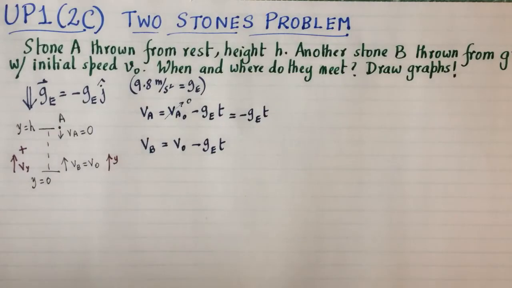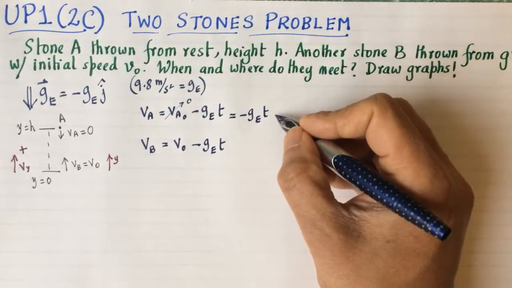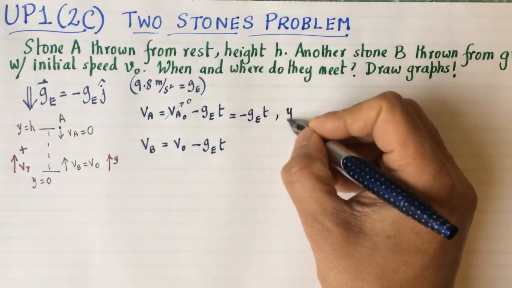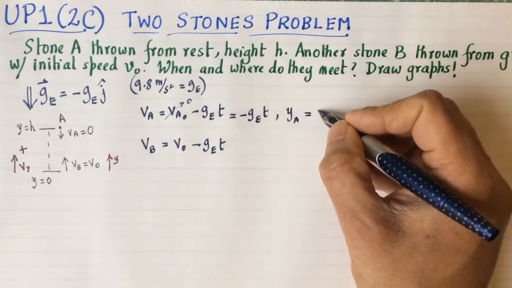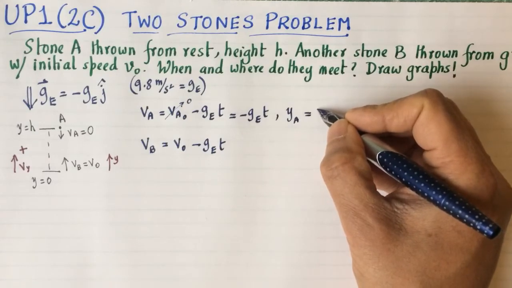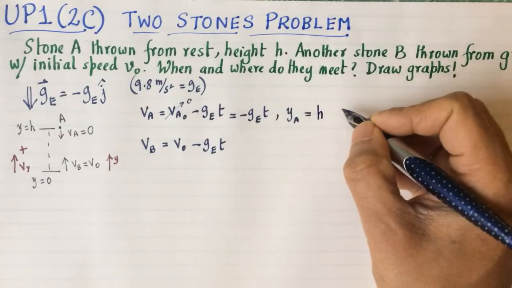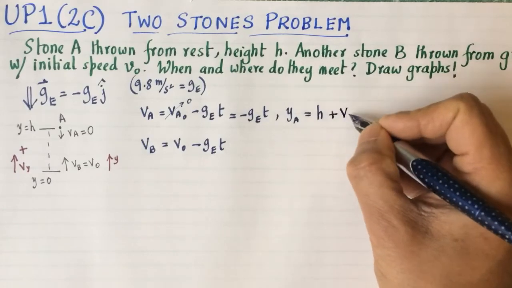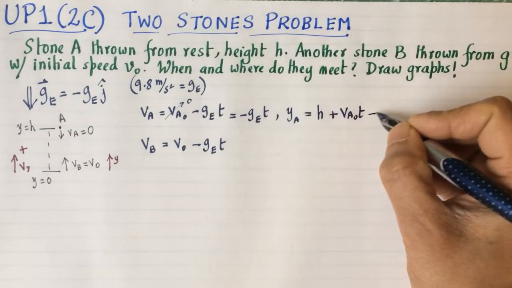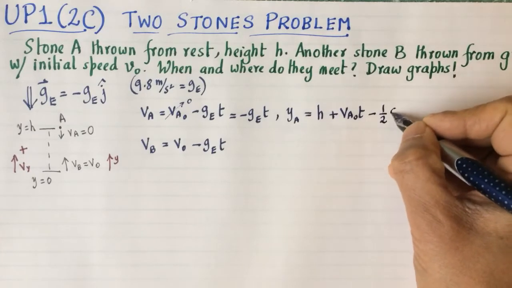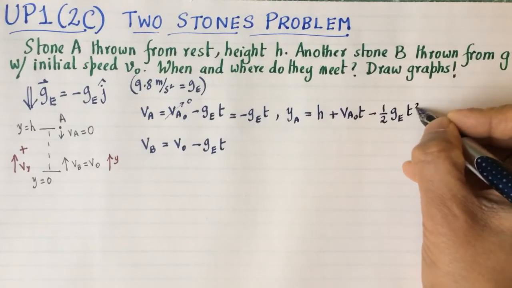Let's also write the equations for the vertical displacement of the stone at any given time. So yA is going to be the initial y, which is the height, plus the initial velocity times the time, plus 1/2 gt squared. So that's going to be minus 1/2 g sub e t squared.